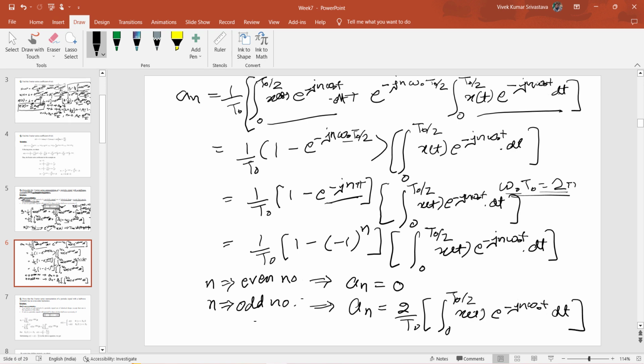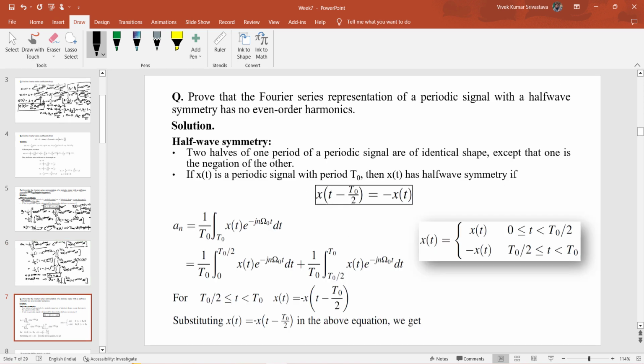Okay, so this shows that for a half wave symmetric signal, it does not have any even component of Fourier series coefficient. So that is how we can evaluate. Now moving to the next problem.